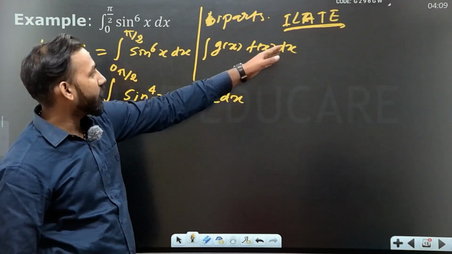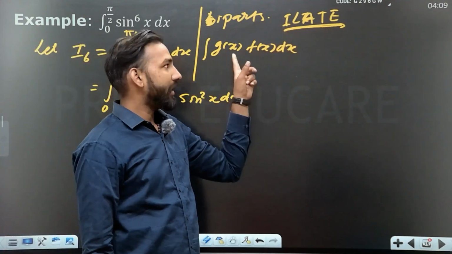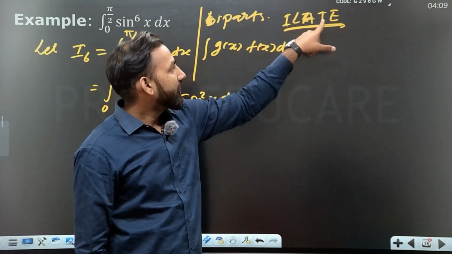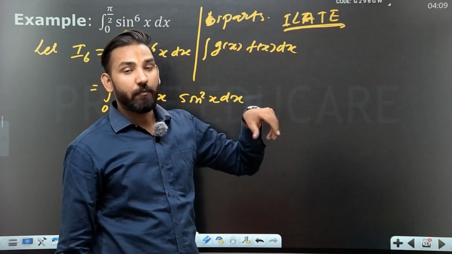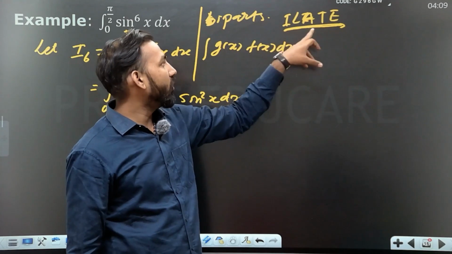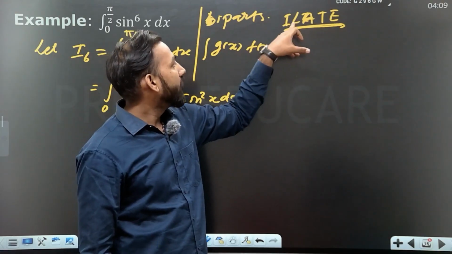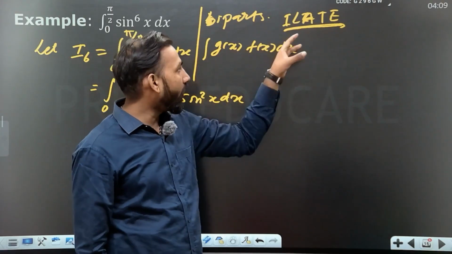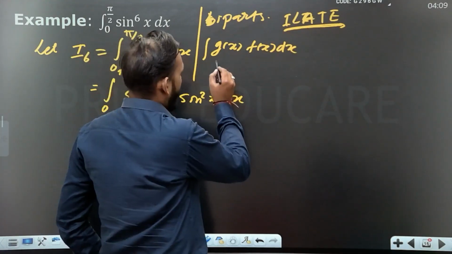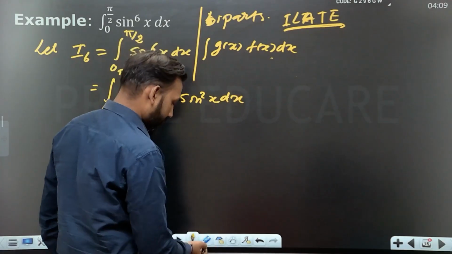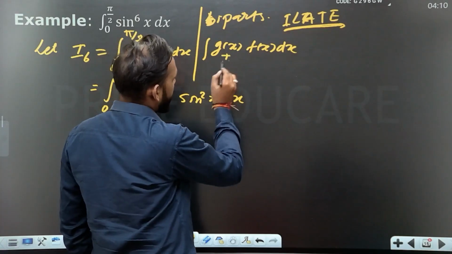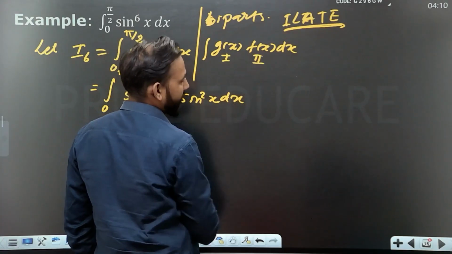And if we have any two functions, let g be a logarithmic function and f of x a trigonometric function, then by the ILATE rule we take the logarithmic function as the first function and the other as the second function.